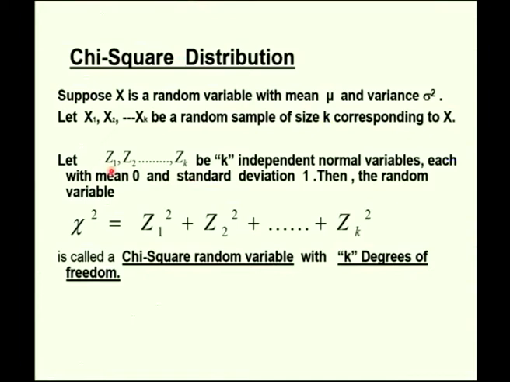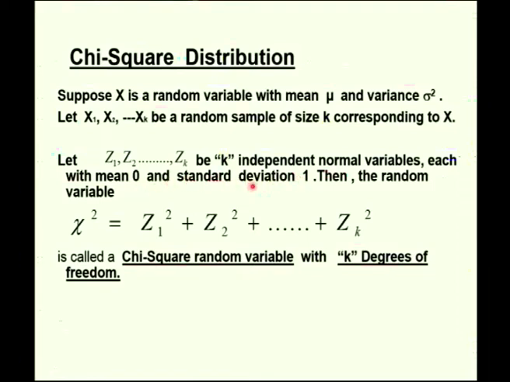Then since each random sample can be approximated to a standard normal distribution, the corresponding conversion of x to z is z1, z2, etc. up to zk, k independent normal variables, each with mean 0 and standard deviation 1.